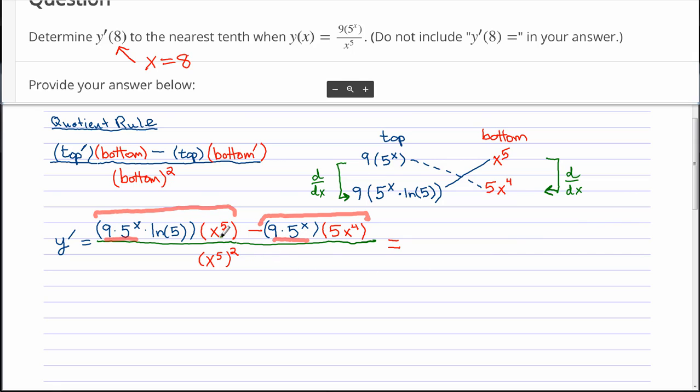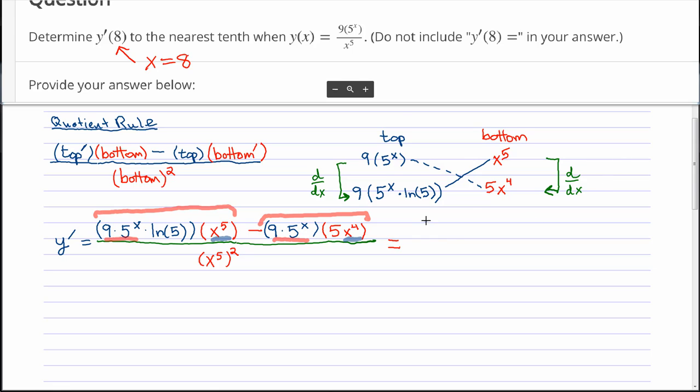And similarly, there's x to the 4th in this piece, and there's x to the 5th in this piece. So I could factor out at least an x to the 4th. So I know we can do that, and so let's do it.